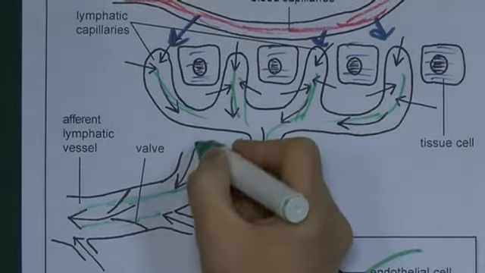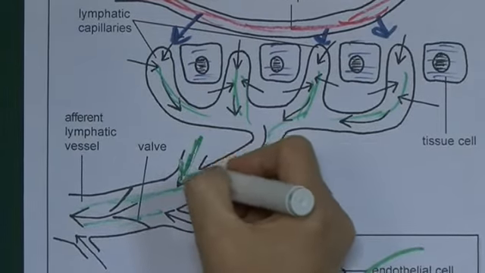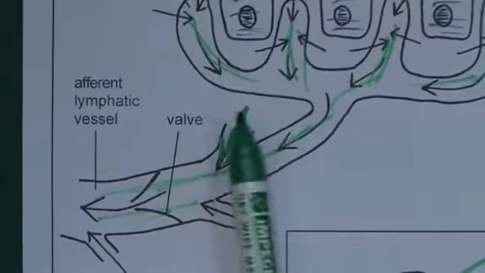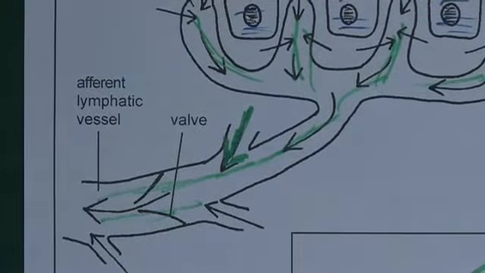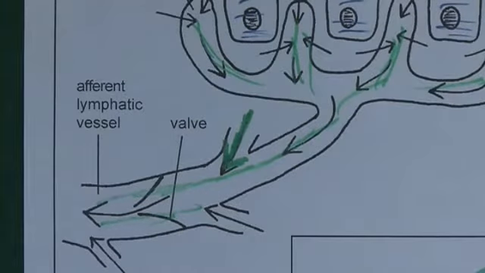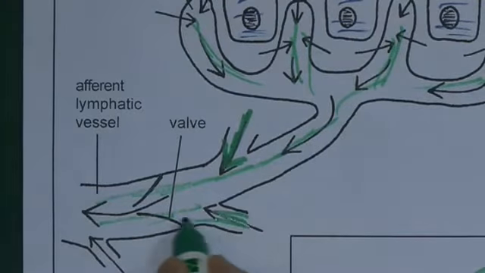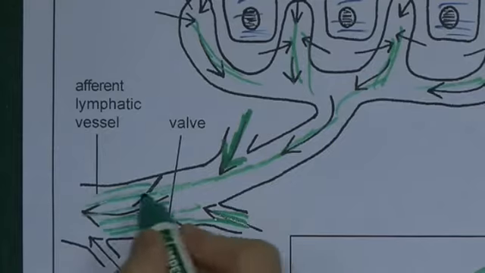And here we see another lymphatic vessel that is attached to another set of capillaries. So different sets of capillaries are going to drain in, forming progressively larger lymphatic vessels.